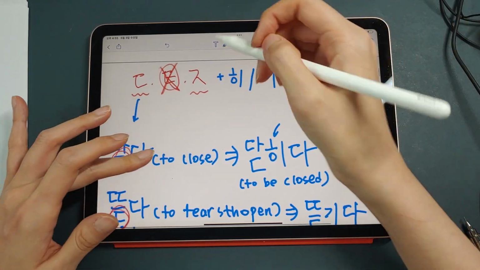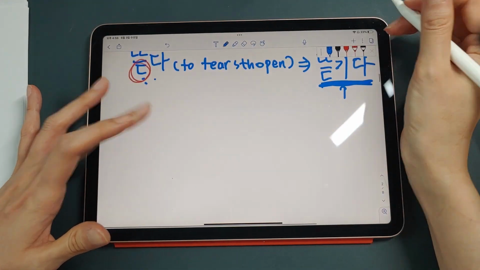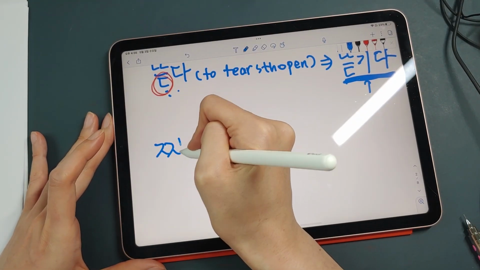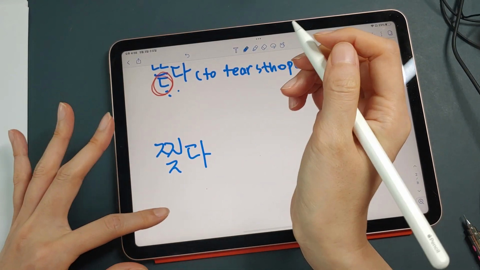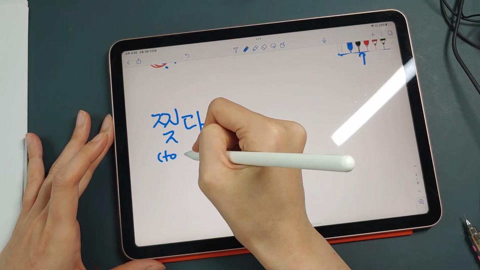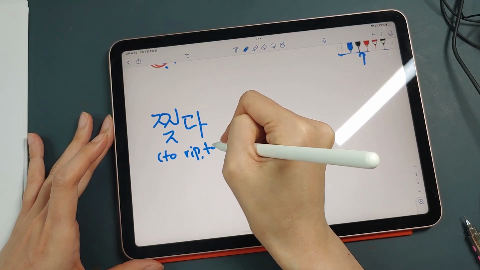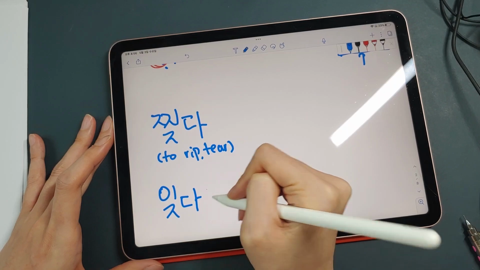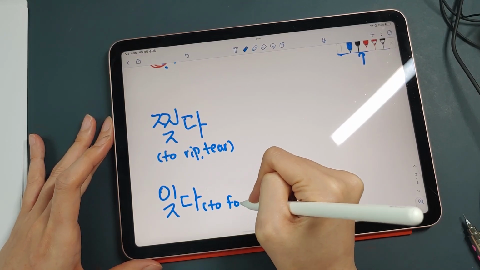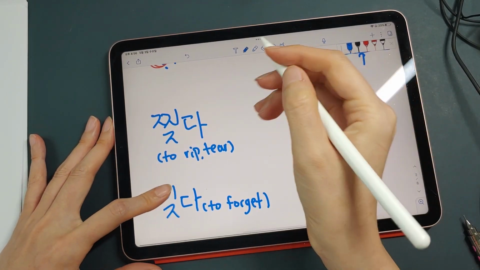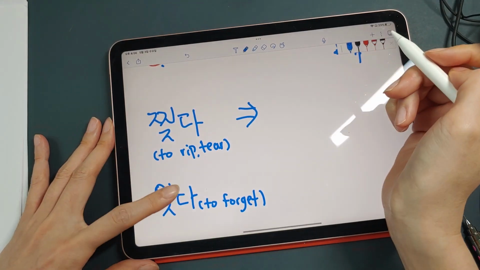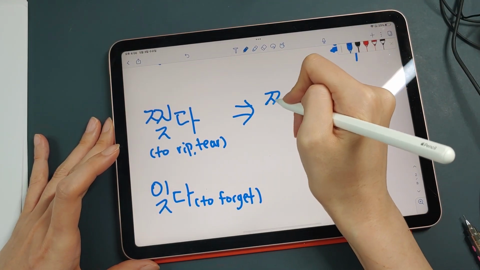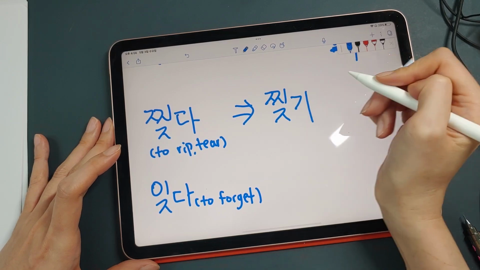And as for 치읓 ending verbs, let me give you these two verbs. 찢다, which means to rip, tear, and 잊다, which means to forget. And for 찢다 to turn into a passive form, you should be adding the 기 suffix after it.